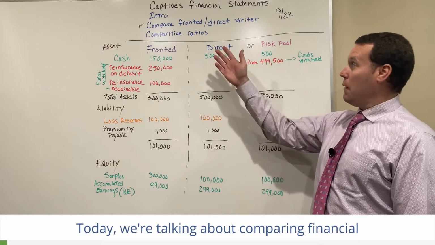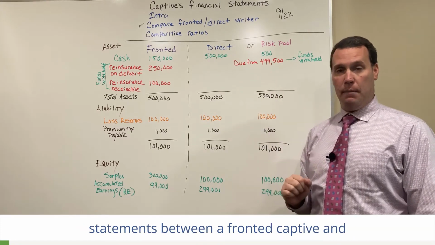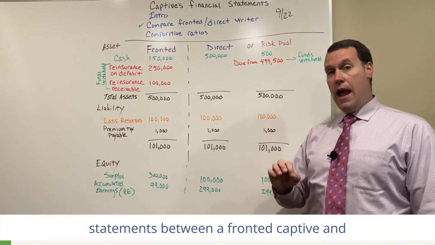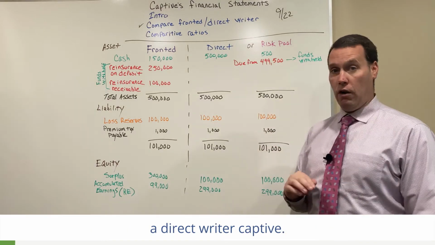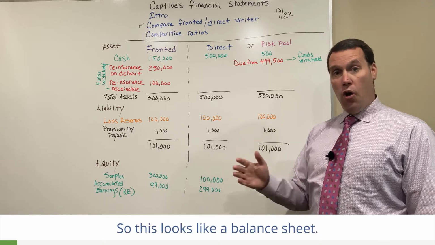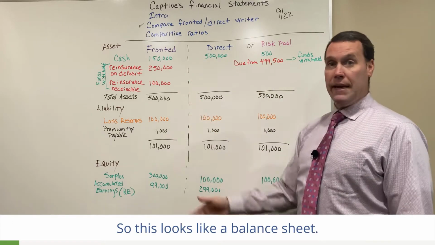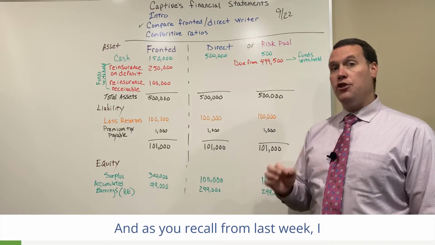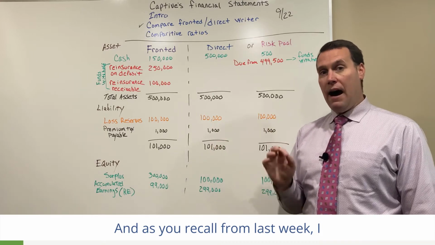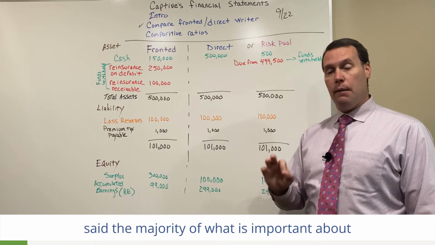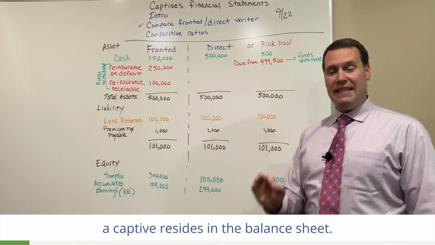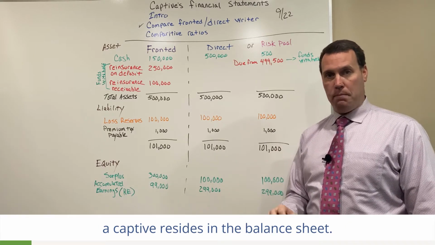Today we're talking about comparing financial statements between a fronted captive and a direct writer captive. So this looks like a balance sheet. And as you recall from last week, I said the majority of what is important about a captive resides in the balance sheet.